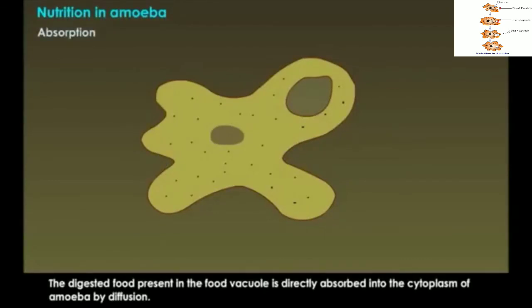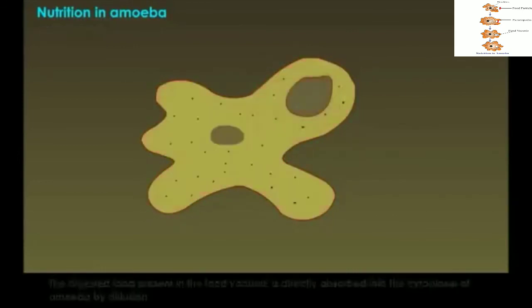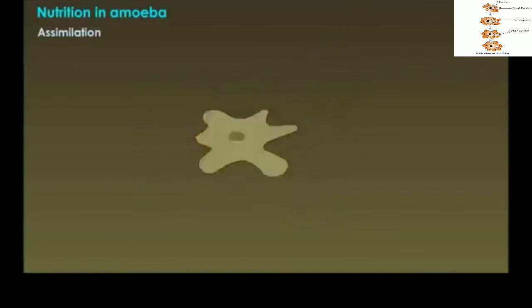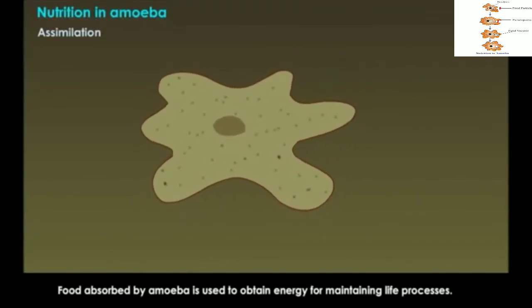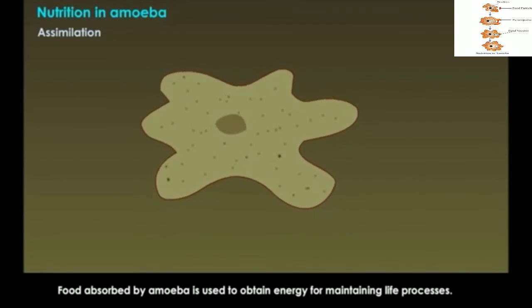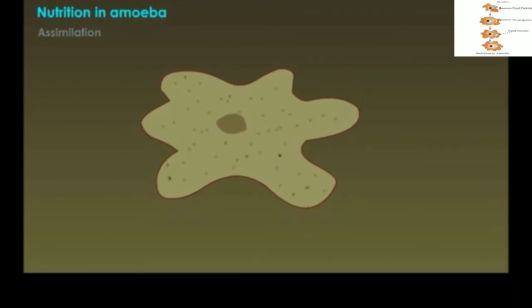The digested food present in the food vacuole is directly absorbed into the cytoplasm of amoeba by diffusion. Assimilation. Food absorbed by amoeba is used to obtain energy for maintaining life processes.